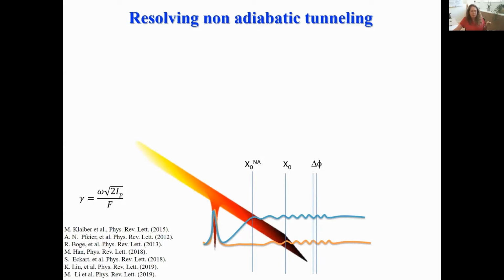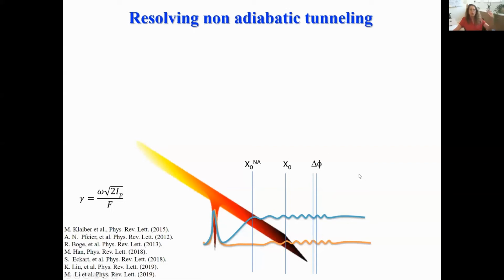So if so far in high harmonic spectroscopy we perform phase measurement in order to say something about the propagation of the electron in the classical regime, in the continuum, here the question is, can we use phase information in order to reveal the propagation or the evolution of the wave function under the tunneling barrier?